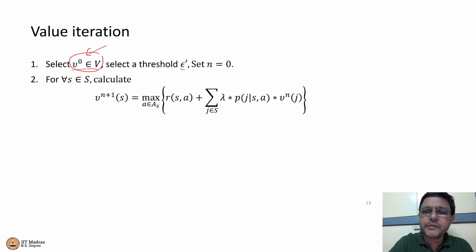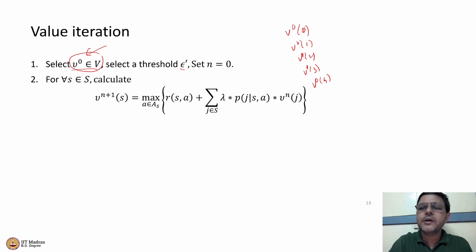So we will have to assume V0 of 0, V0 of 1, V0 of 2, V0 of 3, V0 of 4. That's it. Five values that I have to assume, because my state variable cannot be more than 4, and therefore these are the 5 values that I will have to assume. I have to select some values, right?